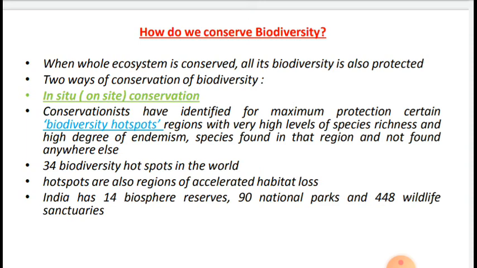Initially, 25 biodiversity hotspots were identified, but 9 more have been added to the list, bringing the total number of hotspots to 34. These hotspots are also regions of accelerated habitat loss.